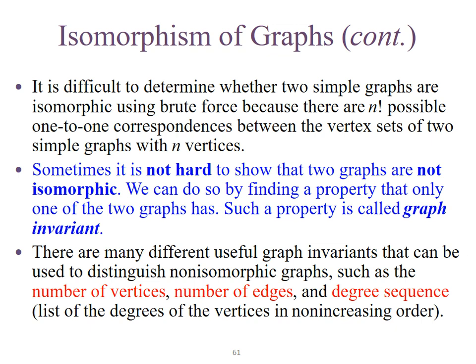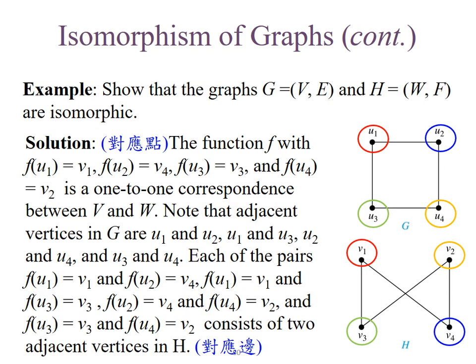So the first thing we can think about is how many different possibilities we would need to try to verify whether two graphs are isomorphic. Because it's a one-to-one correspondence, assume we have n different vertices. Then you need to try whether the first vertex U1 maps to U1, U2, U3, or U4.